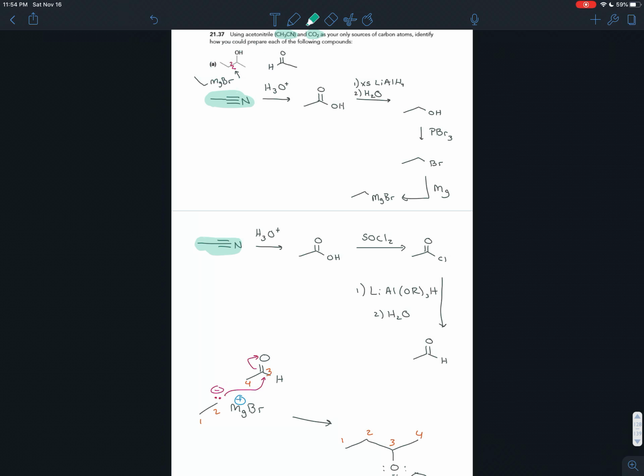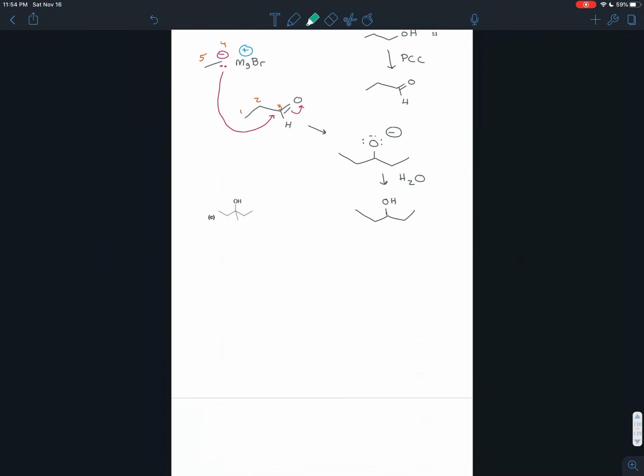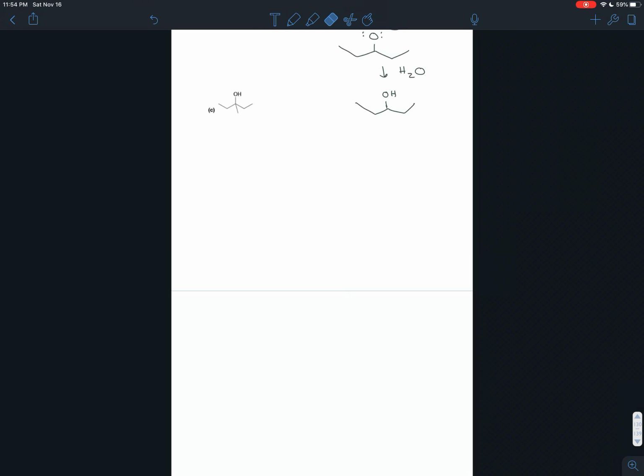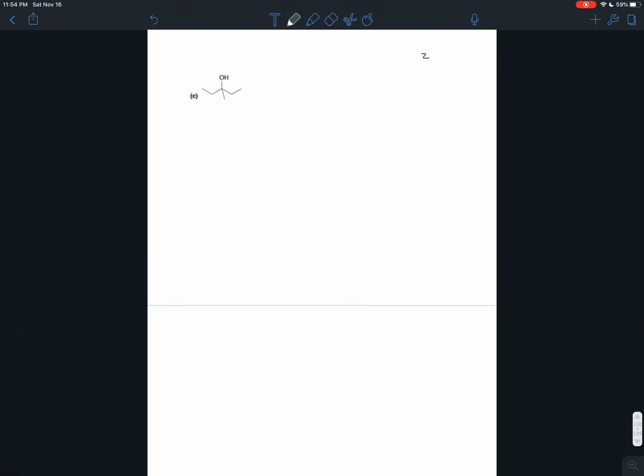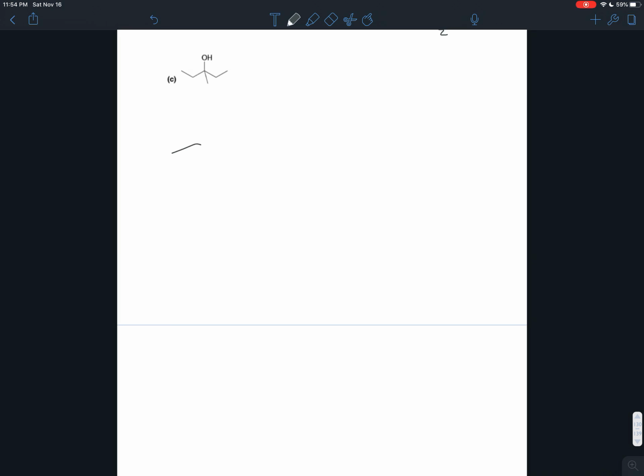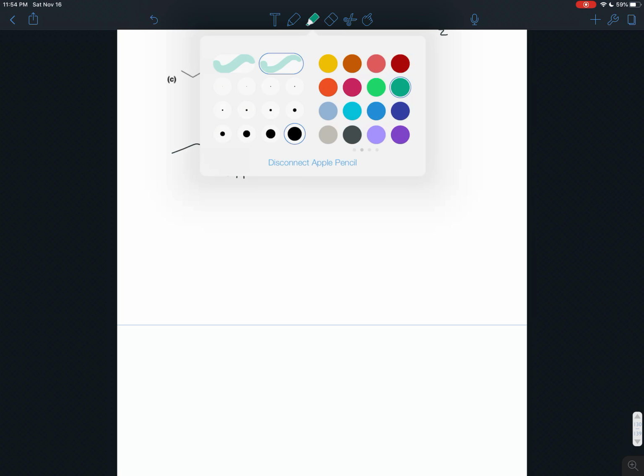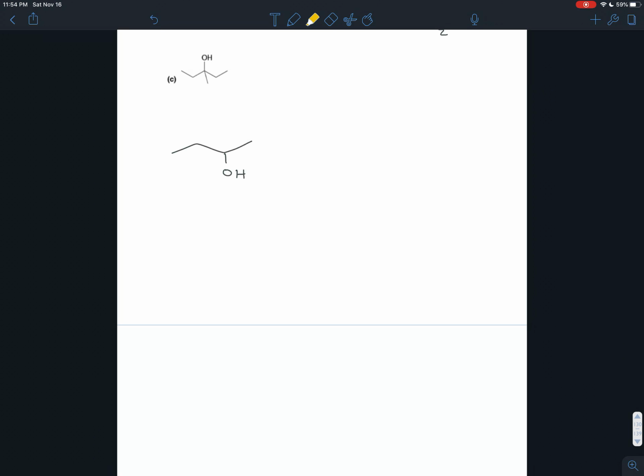Let's start with this 2-butanol. So if you have 2-butanol, that's our product for A. You can sort of see that hidden inside of this carbon chain.